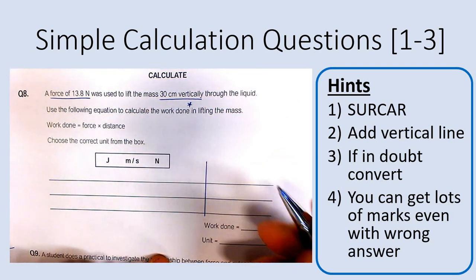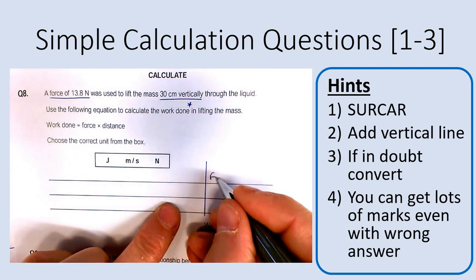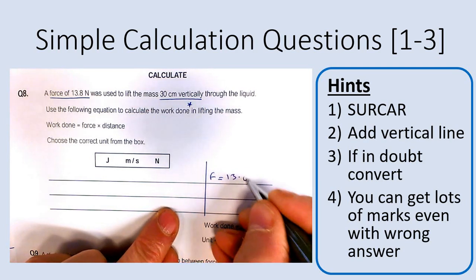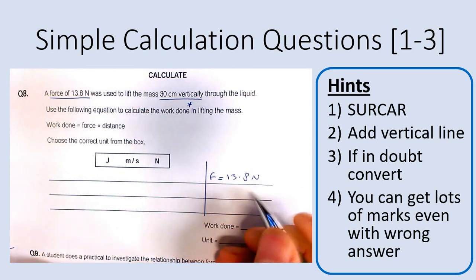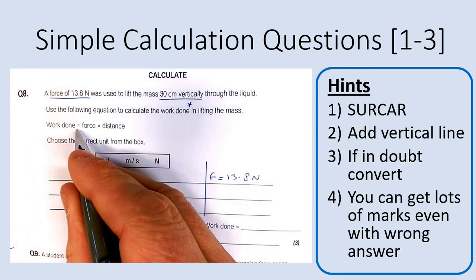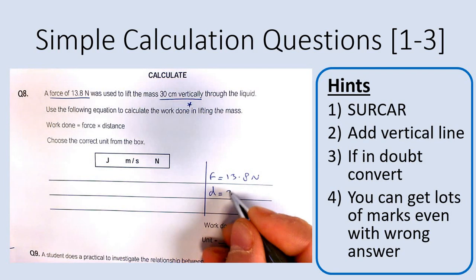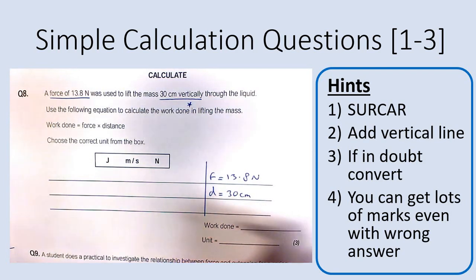I'm just going to rewrite those values with their units. So I've got force, F is equal to 13.8 newtons. I've got the formula here, it's been given to me. I've got distance, D is equal to 30 centimetres.